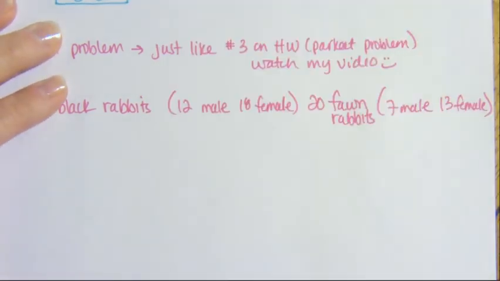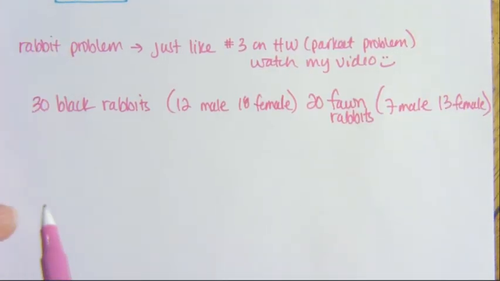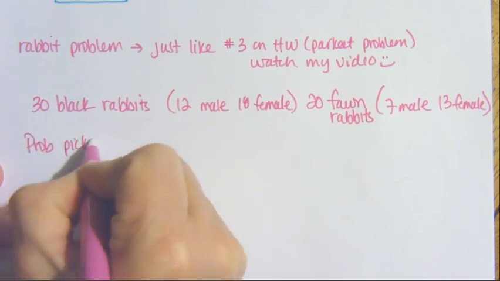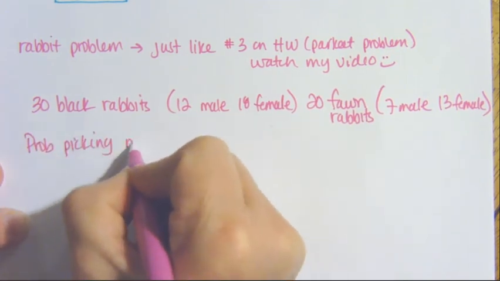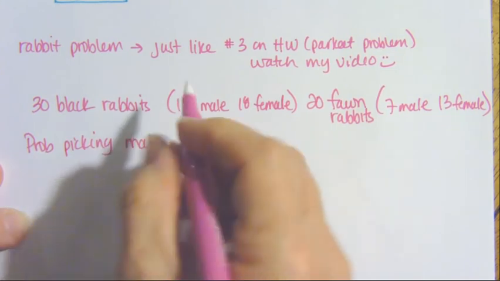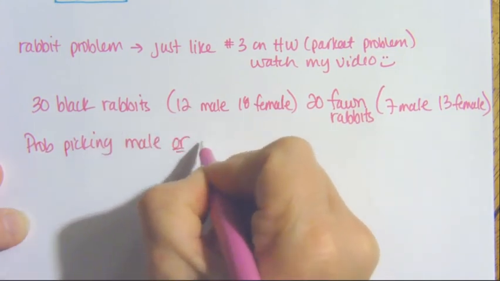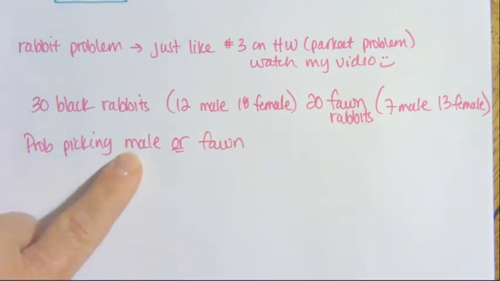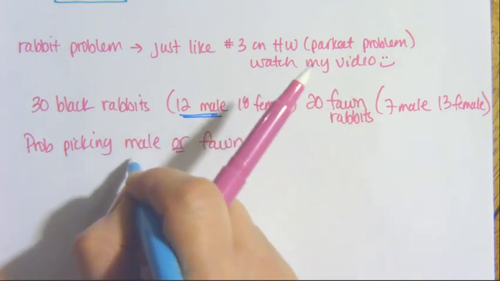So if I want the probability of picking a male rabbit, so I don't care what color it is, just that it's male, or I want a fawn colored one. So I'm going to look and see how many male rabbits there are. So here's 12 males.